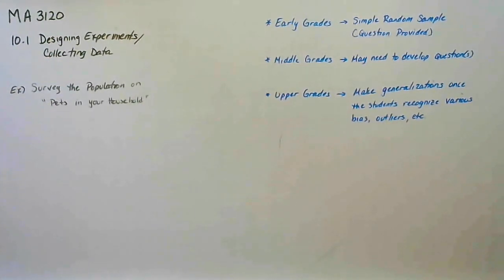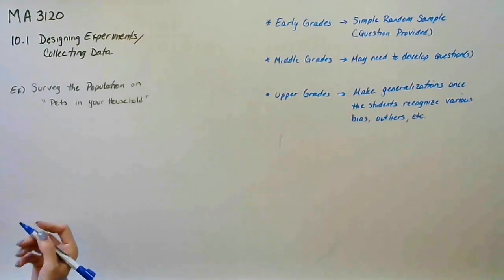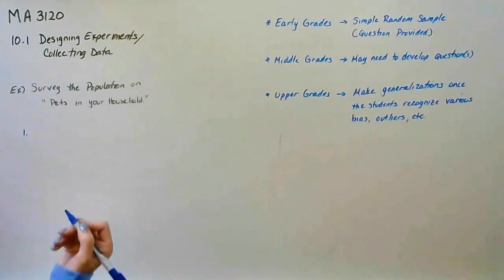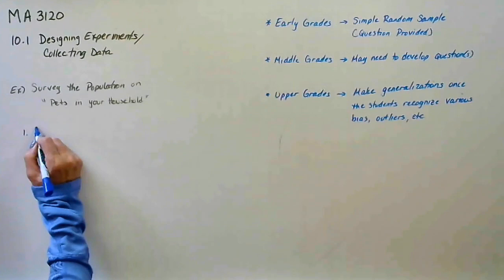And I'm going to formulate the question differently. We're going to look at it differently based on their age and experience. So the first thing we want to do is, as a teacher, we need to form a question.